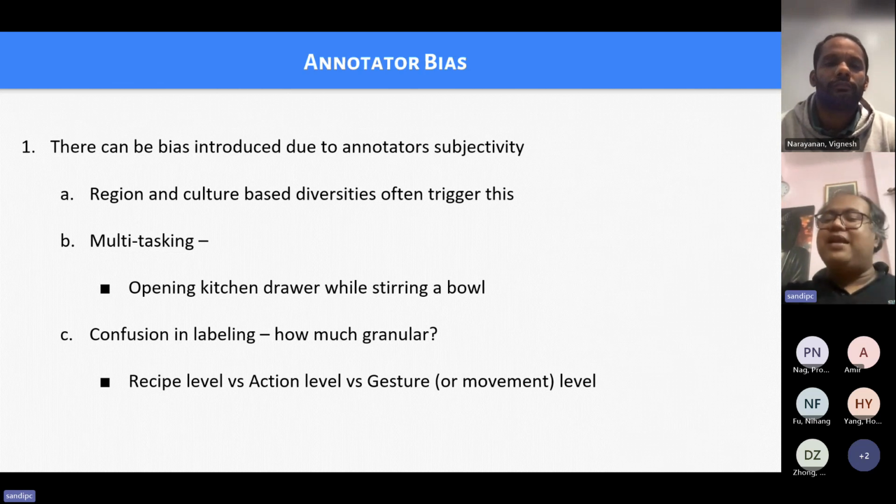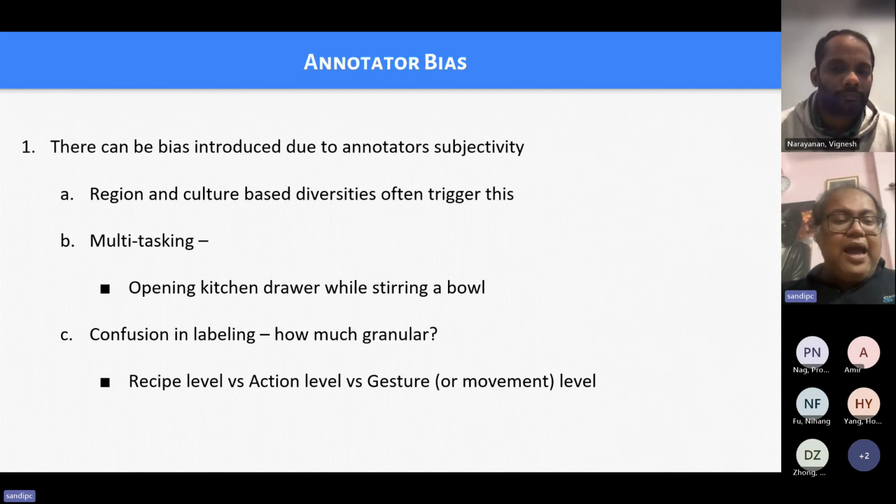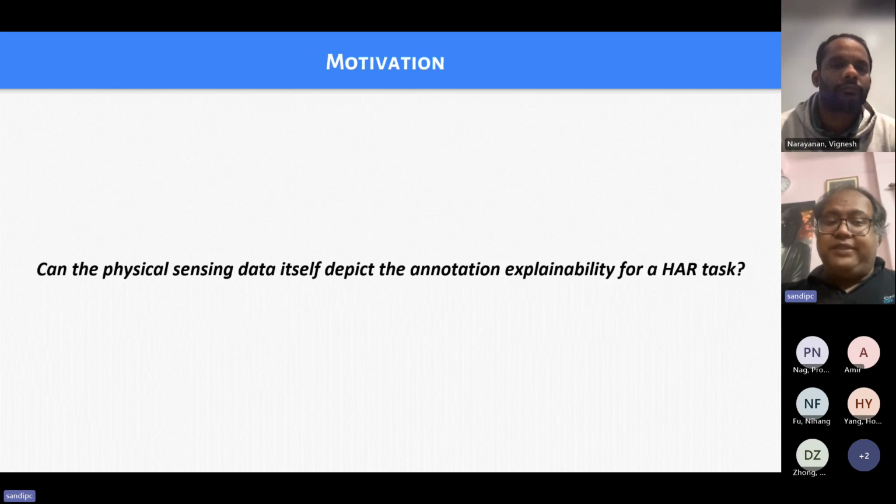We just define the label space for the objective of our problem, and because of that it brings different kinds of inconsistencies into the label space itself. That way it affects the model that we have developed with the help of such biased annotation, and this kind of problem persists.